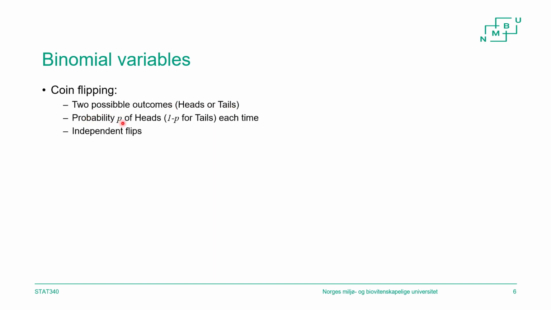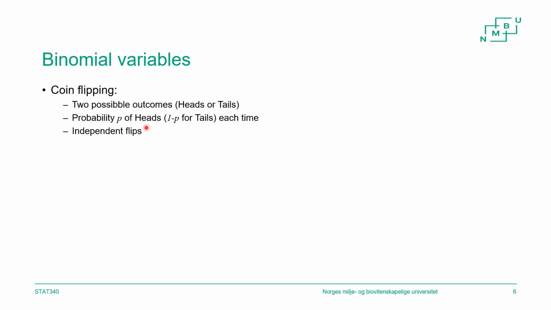The probability P of heads or 1 minus P for tails, it doesn't matter which one of these two you focus on, it's the same each time, right? So each time you flip the coin, it's the same probability of ending with a head or with a tail. And if it's a fair coin, the probability is 1/2 for each, but it doesn't have to be 1/2. It could just be 0.1, 0.9, right? It could be very skewed towards one of the outcomes. It's still binomial, as long as this probability stays the same.